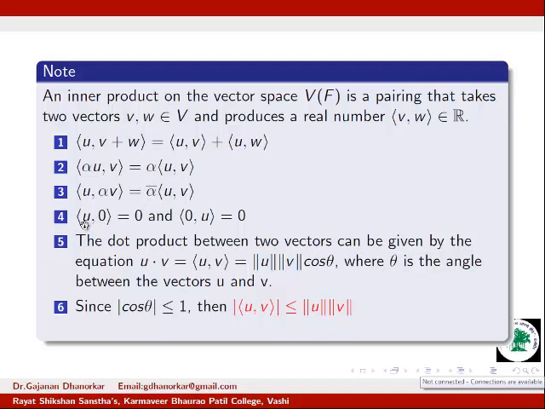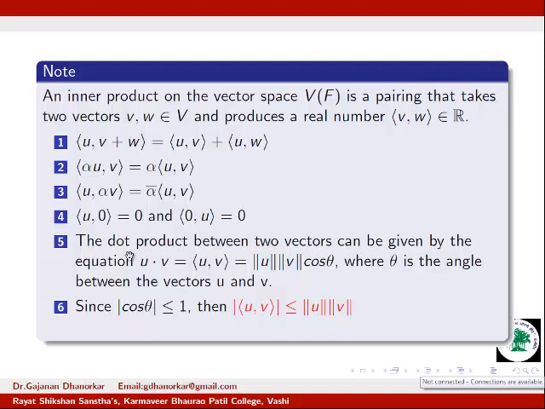Now if we take the inner product with the zero vector, then we get 0, or in this way also, 0 into the inner product with any vector is equal to 0. Now this is a scalar 0, but this is a vector 0, remember this.